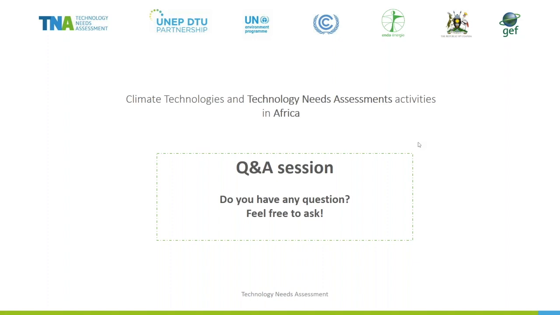All the reports, so technology needs assessment reports, barrier analysis and enabling frameworks, and technology action plans, can all be found online on the technology needs assessment website. The link will be provided in the next slide, and then you can just find all the reports online in the database. So feel free to look at them.